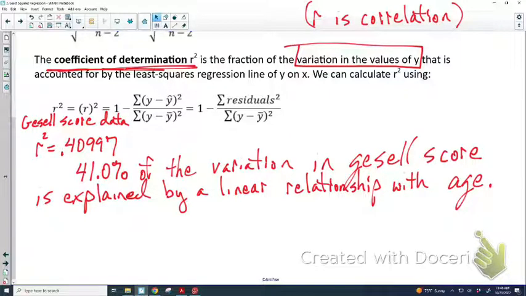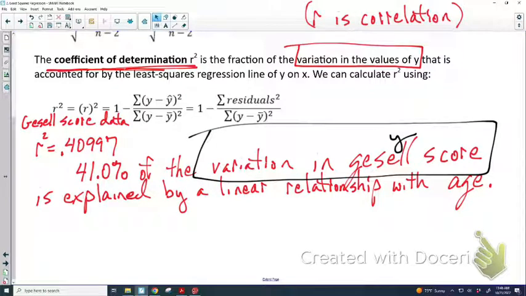So make sure if you're doing a multiple choice problem, you're picking the right interpretation. It has to have the phrase variation in y. It's not going to say y, it's going to say the y context. So Gessel score. These words kind of vary. Sometimes they say attributed to a linear relationship with age.